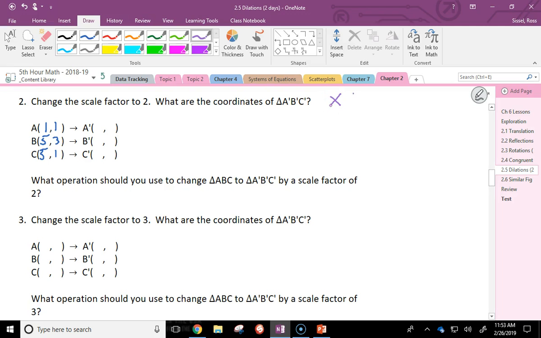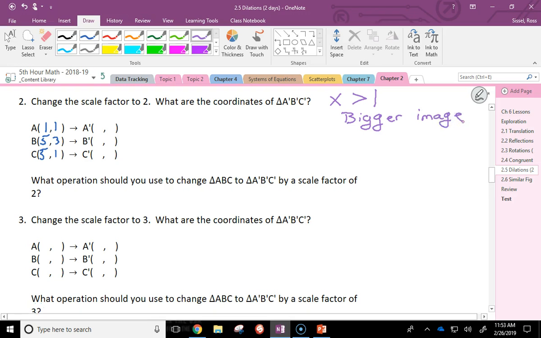If my scale is larger than 1, what do you think will happen to my picture? It'll get bigger. Yeah. So if I ever make my scale bigger than 1, we are going to get a bigger image.